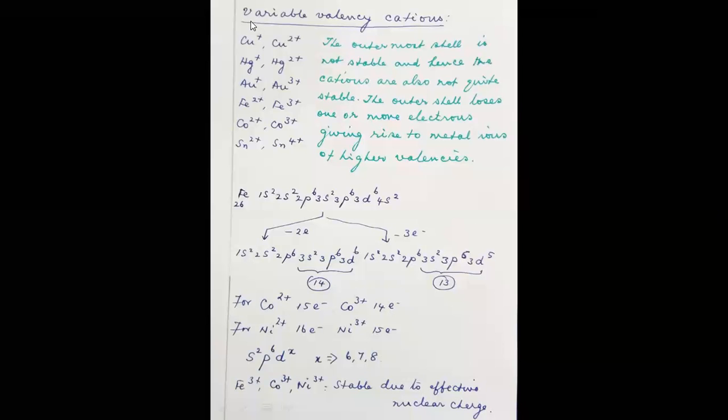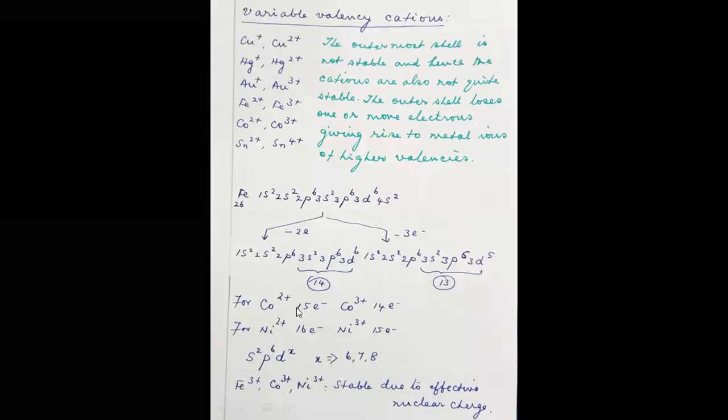This is the entire picture of the effective nuclear charge. So you can see how the iron 2+ is formed, how the iron 3+ is formed.